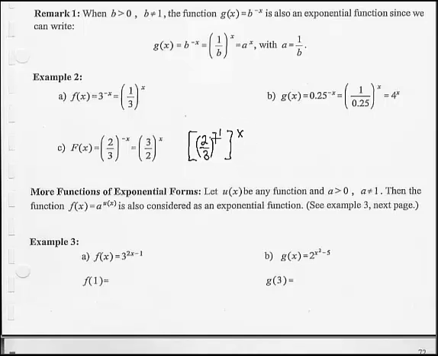Okay, we're just transferring the negative to the number, and then the negative 1 simply means that we take 2/3 and flip it. We want the reciprocal of 2/3, which is 3 over 2.